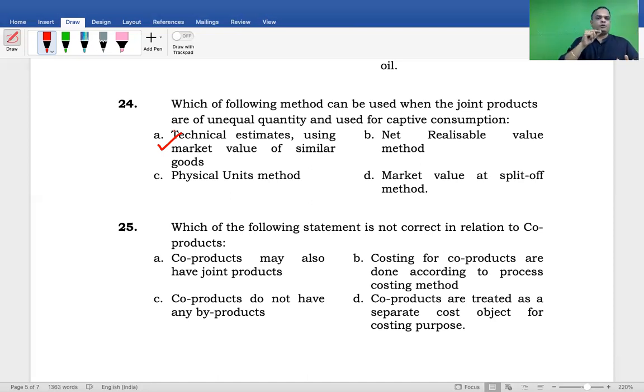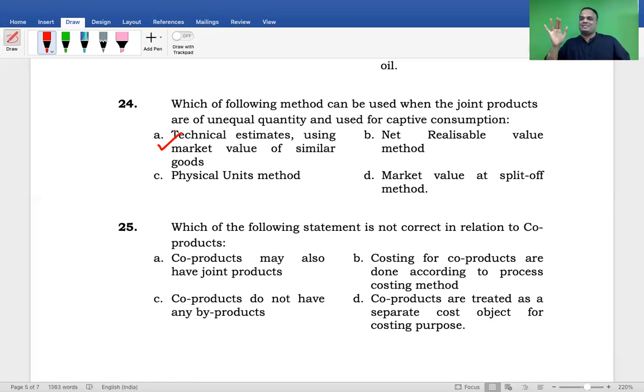Is it possible to apportion in the ratio of 1 refrigerator, 3 fans, and 10 lights? Is it practically possible? Number of units is not the criteria. The engineering department or a technically qualified person has to tell what the consumption of a light could be, the unit consumption.